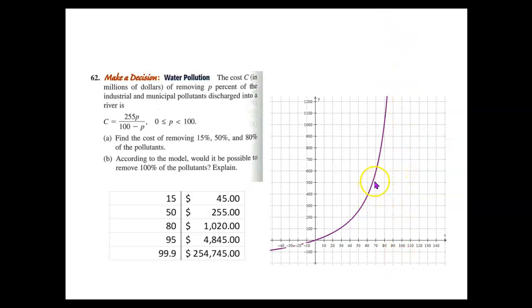If we zoom out, this part of the graph is going to shoot way up and get closer and closer to that vertical line. So as the numbers you plug in for p get closer and closer to 100, the graph just keeps shooting further and further up, and the cost just keeps getting bigger and bigger, and there's no limit to how big it can get.